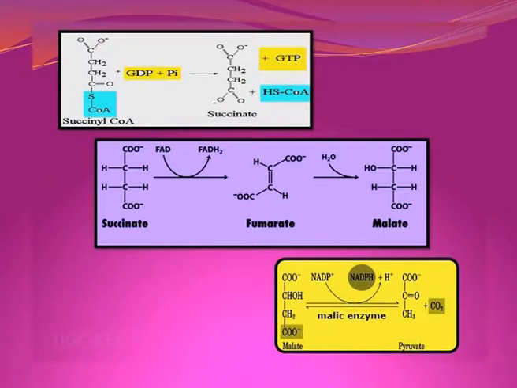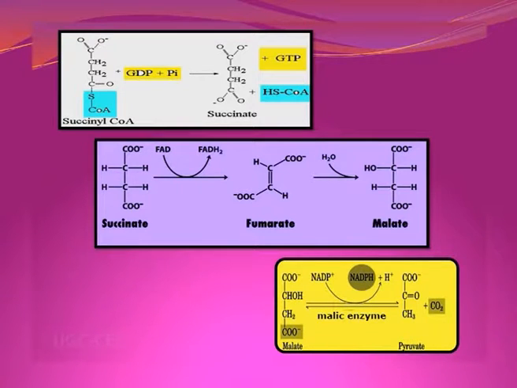So coming to this scheme, succinyl-CoA first gets converted to succinate, then this succinate gets converted to fumarate and malate, and once this malate reaches a good concentration in the mitochondrial matrix, it comes out into the cytosol and gets acted upon by the malic enzyme, which is also known as malate dehydrogenase decarboxylating, when the malate suffers an oxidative decarboxylation to yield pyruvate with the release of carbon dioxide.